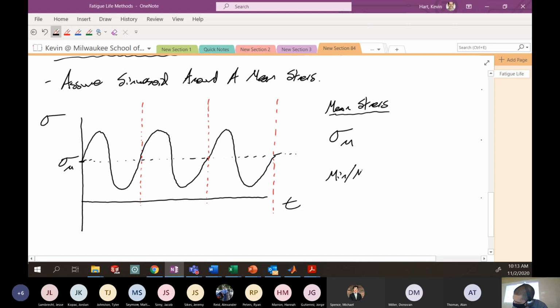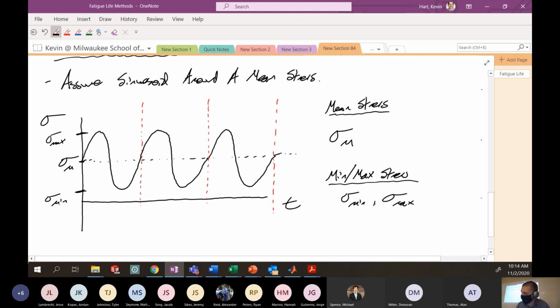We have a min and a max stress. I think that's pretty easy to understand. We'll give those sigma min and sigma max. Those are the maximum and minimum values which we reach in the sinusoid. So this is sigma max, and this is sigma min, the top and the bottom of the sinusoid.